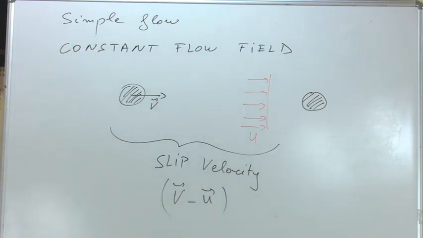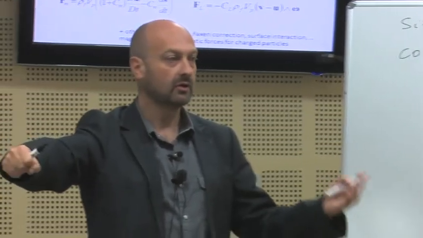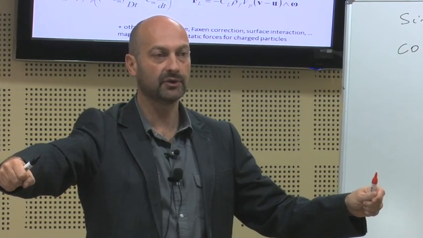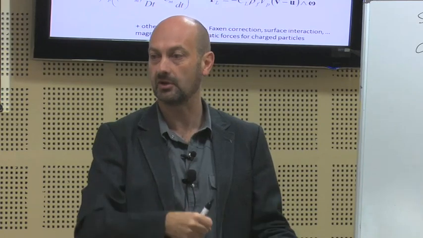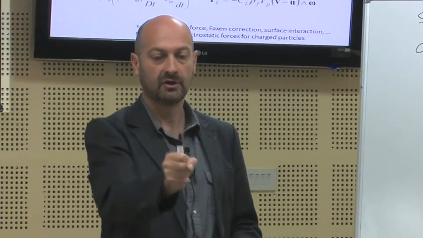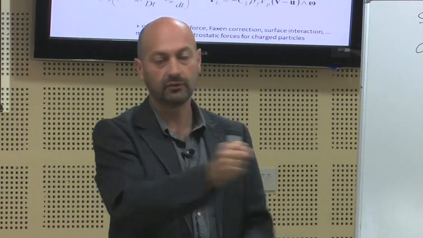Okay, so let's say you have a particle which is moving at a certain velocity v into a flow with a certain velocity u. Actually, the only point which is important for the drag is the relative velocity between the particle and the fluid, v minus u. Okay, so it will be the same if you have a fixed particle into a constant flow, or if you have no flow and the particle is moving.